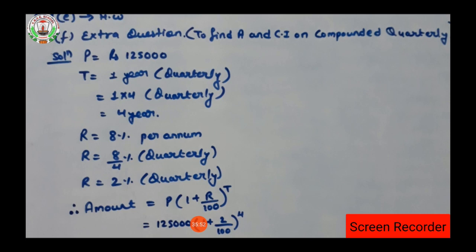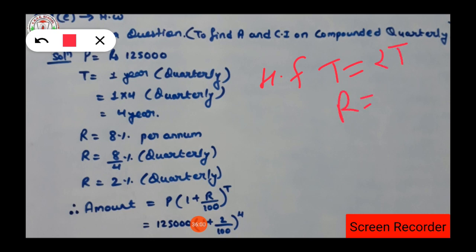When it is given half yearly, time becomes double, isn't it? And rate becomes half, isn't it? But when we are talking about quarterly, the time will become 4 times the time.